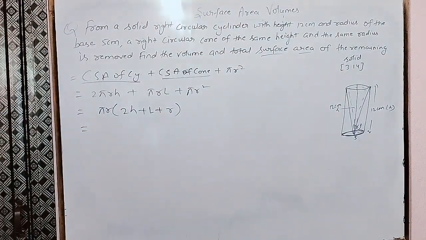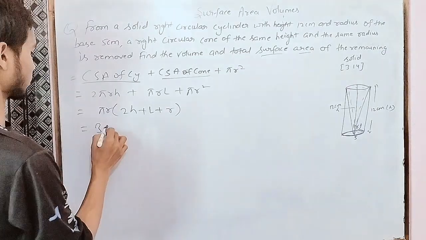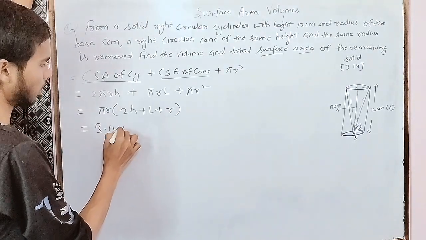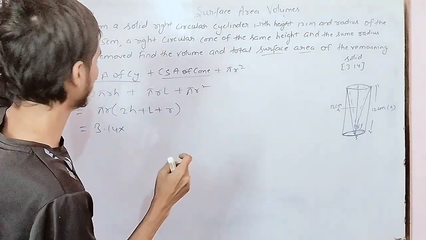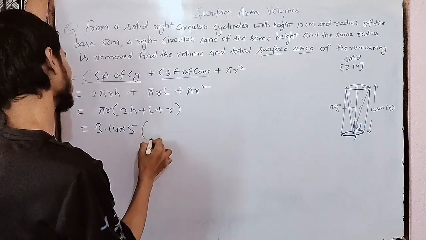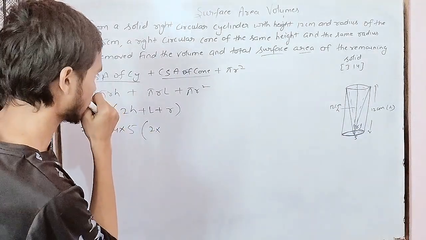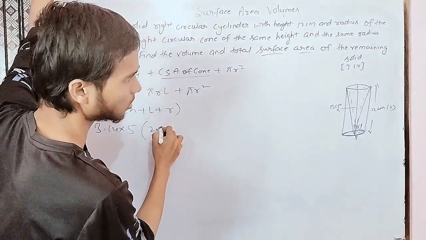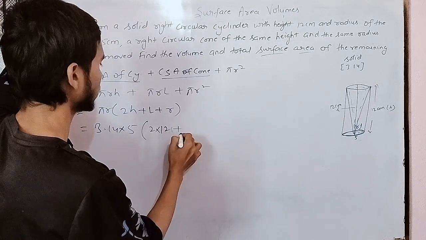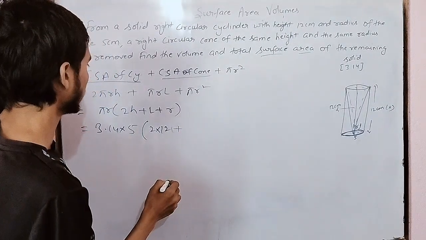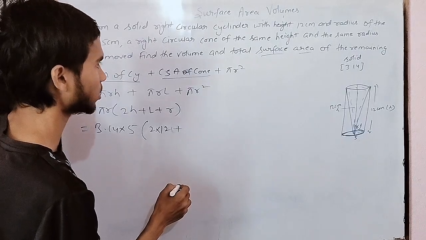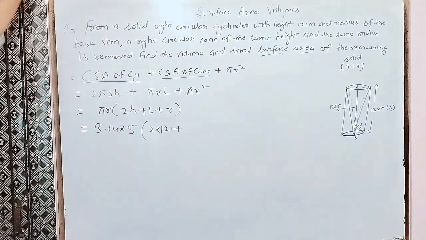We will put in the value of each variable. For pi, 3.14, multiplied by r, which is 5, and 2 times h, which is 12. L is how much?